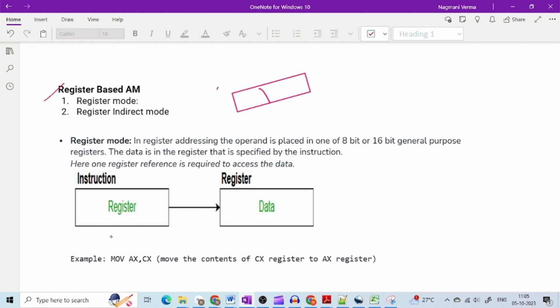From the operand we have to find the data, and where is the data? That is the effective address. The effective address is the address where the data resides. So from the operand, using the addressing mode, we find the effective address, and from the effective address we find the data. This is the purpose of addressing mode.